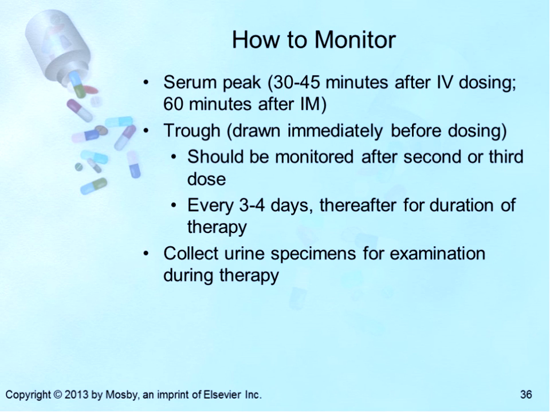To monitor these medications, the serum peak, which is drawn approximately 30 to 45 minutes after IV dosing, or 60 minutes after intramuscular dosing, and the trough drawn immediately before dosing should be monitored after the second or third dose and every 3 to 4 days thereafter for the duration of therapy.